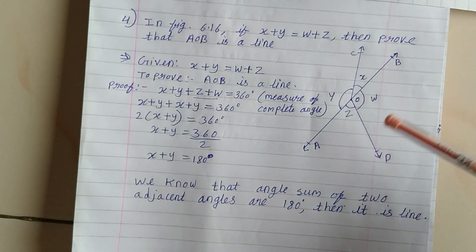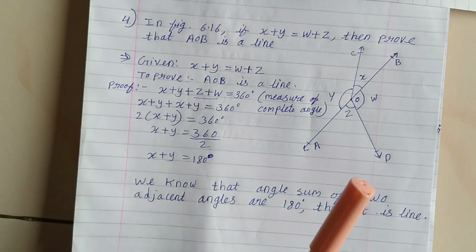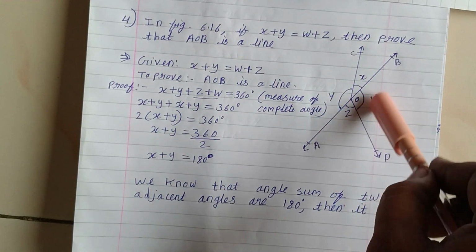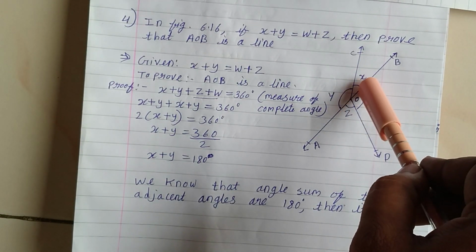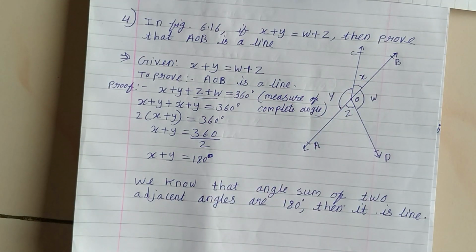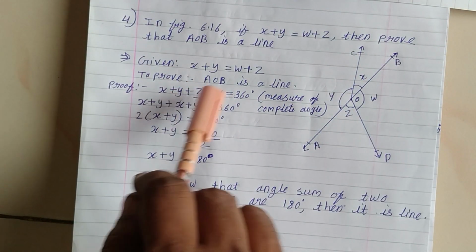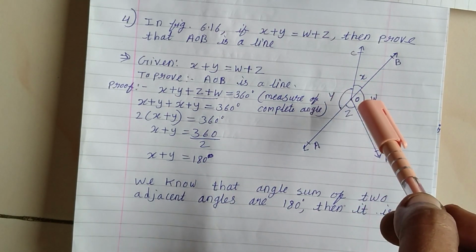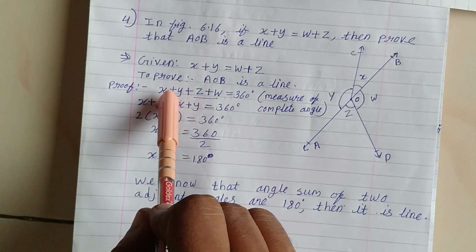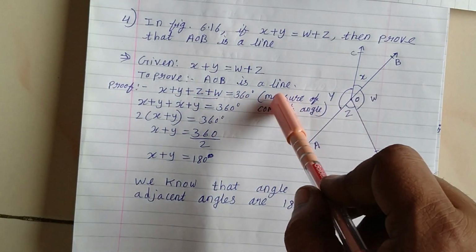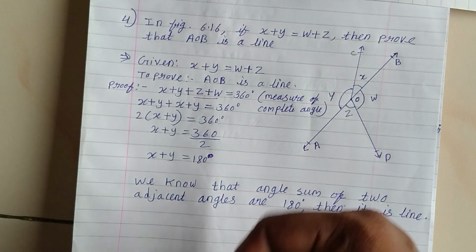Okay. Now see student, this is the point. Now the sum of the angle around a point, or you can say measure of the complete angle, if I am starting from here, the measure of the complete angle is equal to 360 degree. So that is why I have taken here the sum of angle x plus y plus z plus w is equal to 360 degree, and it is a measure of complete angle.